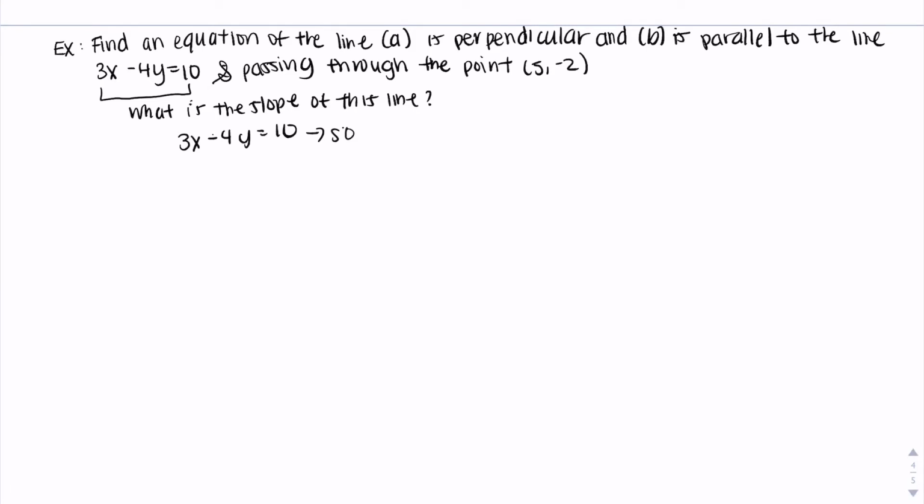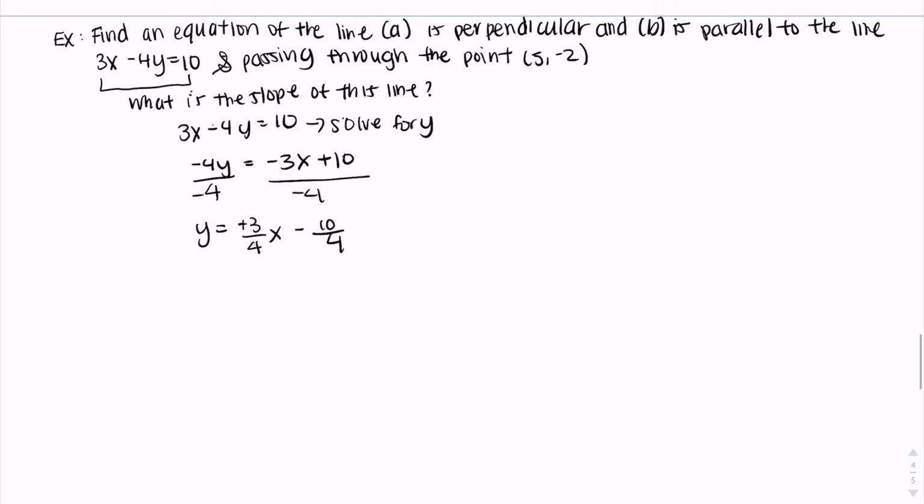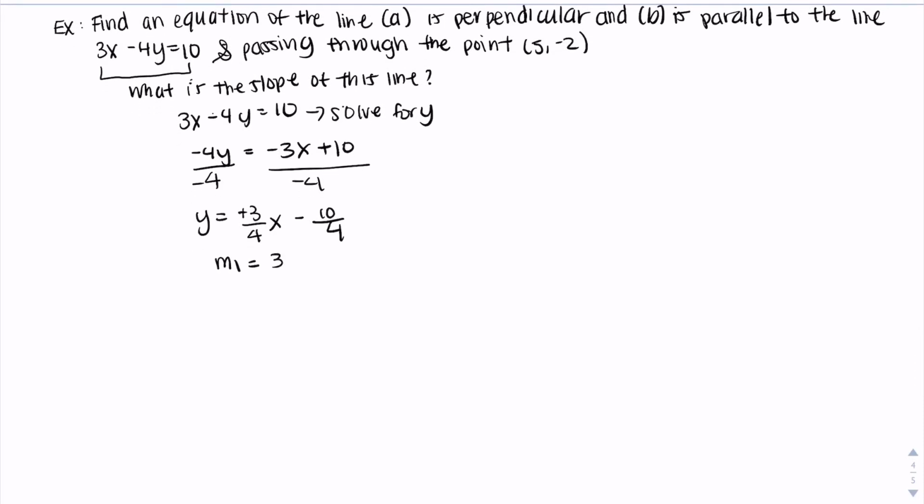Solve for y, and you get negative 4y equals negative 3x plus 10. Then you divide everything by negative 4, and you get y equals positive 3/4 x minus 10 over 4. So now you know the slope M1 is equal to 3/4.